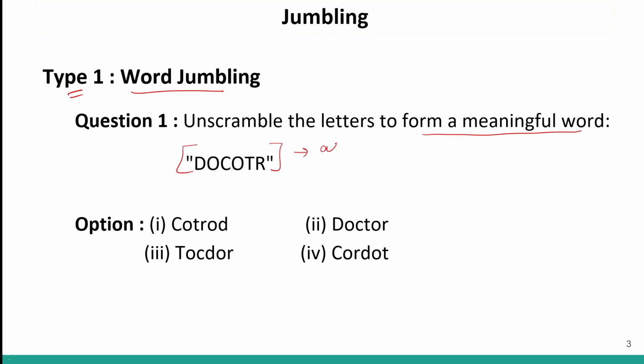We have to make sure that all letters are used, and then we have to make sure that all letters are used only once. So these two things we have to keep in mind: first, that all the letters should be used, and second, that all the letters should be used only once.